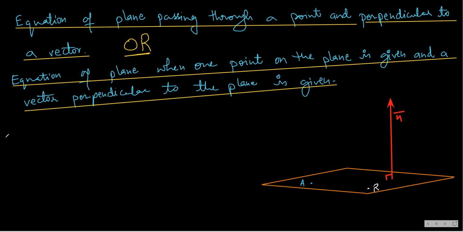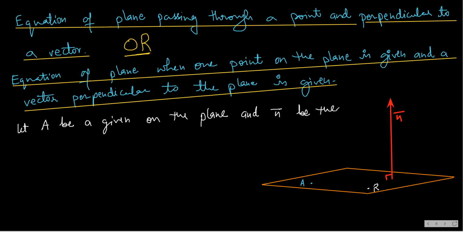So here the theory starts. I write: let A be a given point on the plane and n bar be the vector perpendicular to the plane.